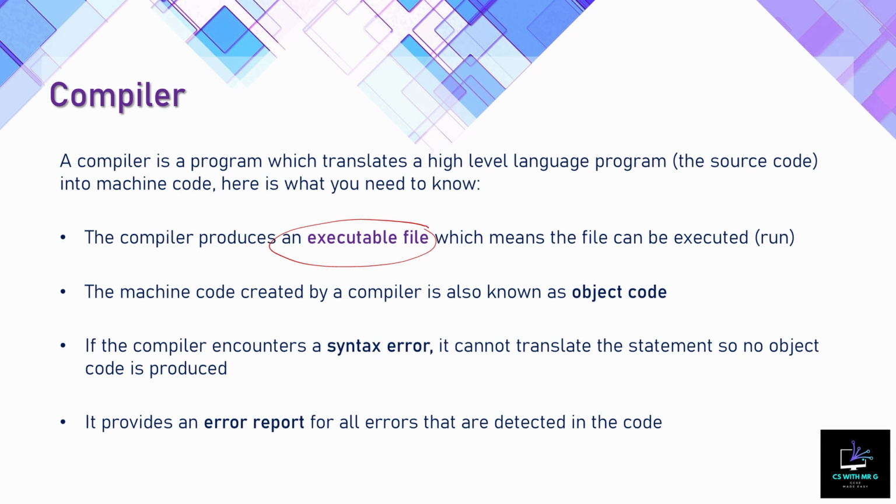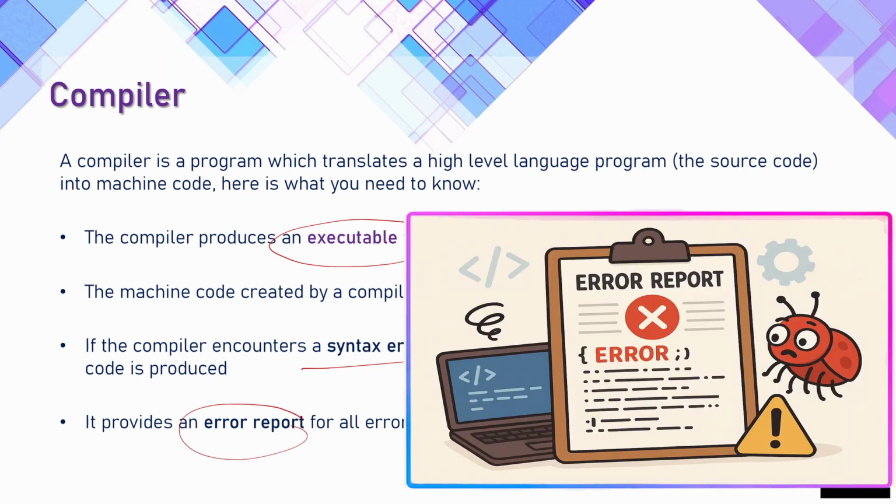The machine code that's created by a compiler is also known as object code, if you ever see this term. But object code is just another word for the machine code created by a compiler within the executable file that's produced at the end. During the compilation of the program, if any problems are found or there's a syntax error within your code, what will happen is that an error report will be produced and the programmer will be made aware of these errors so that they can go back and fix them in order for the compilation to be successful.